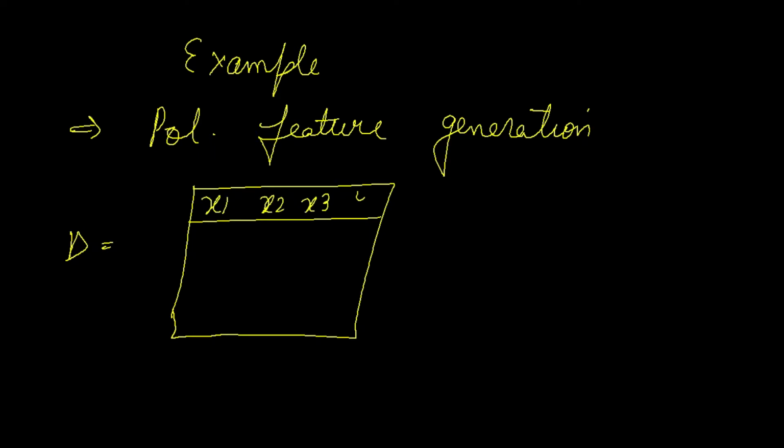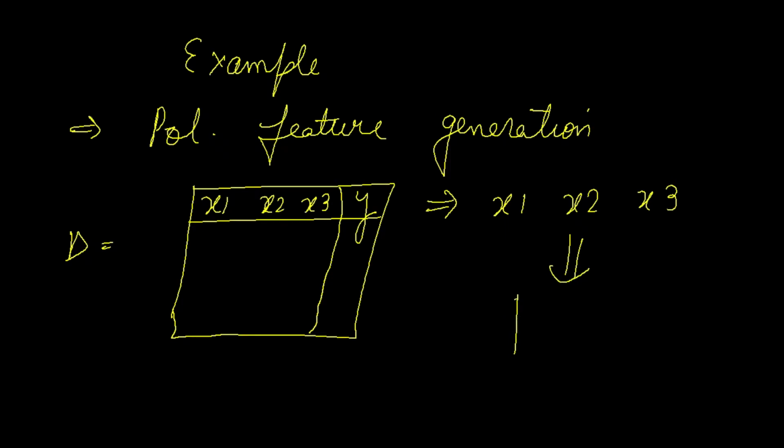The y is the predictor variable, or we can say the dependent variable. Now these three features x1, x2 and x3 are put into the feature generator.